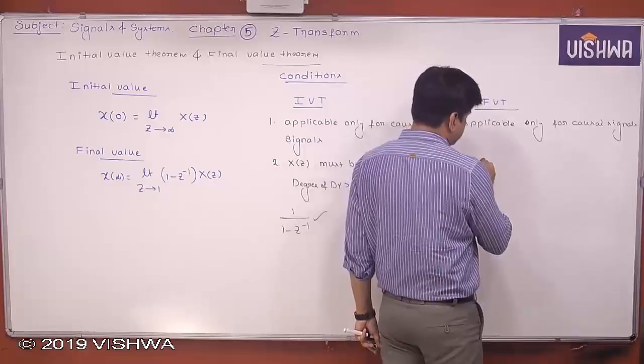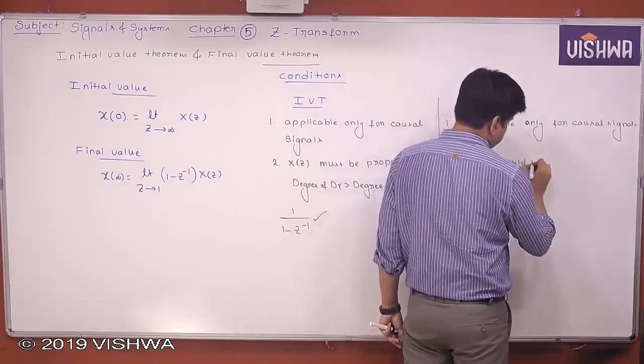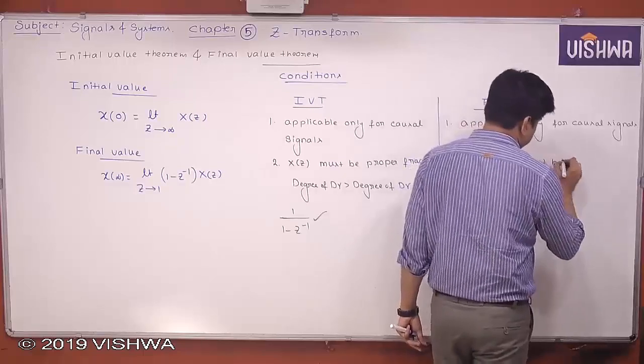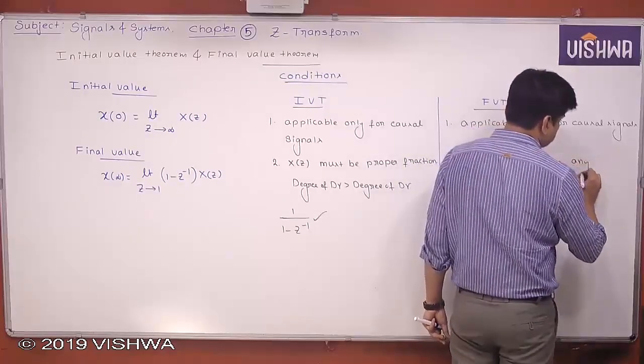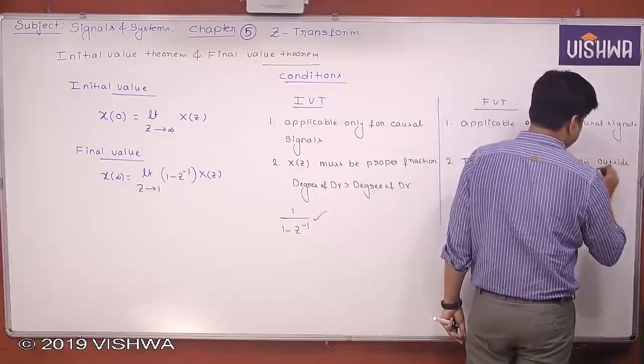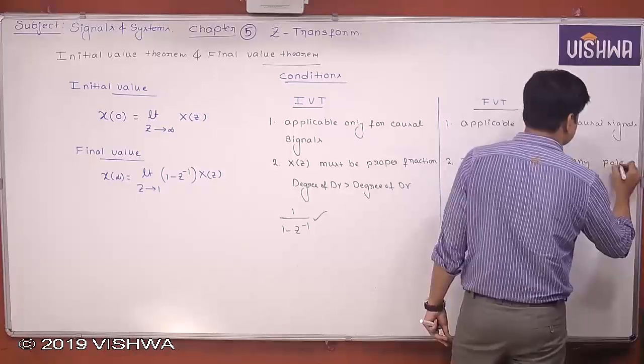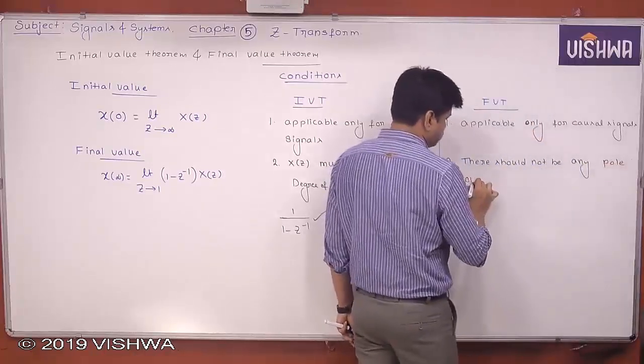There should not be any pole outside the unit circle.